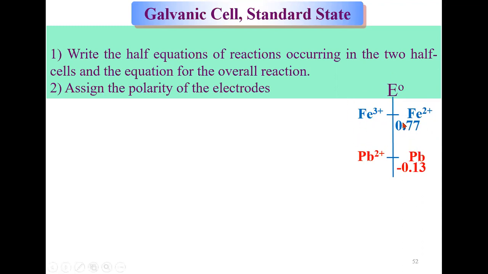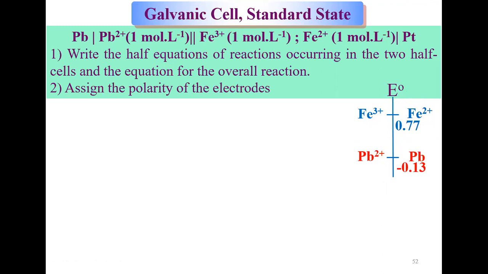The one with the higher reduction potential will undergo reduction, and the one with the lower reduction potential will undergo oxidation, and the iron 3+ will react with the lead as a spontaneous reaction.